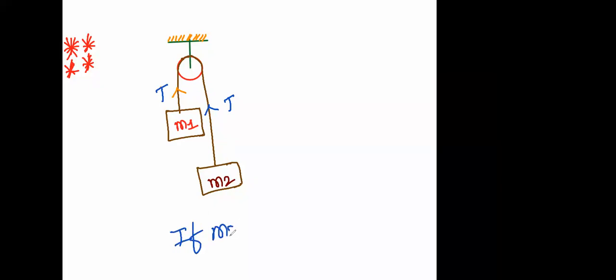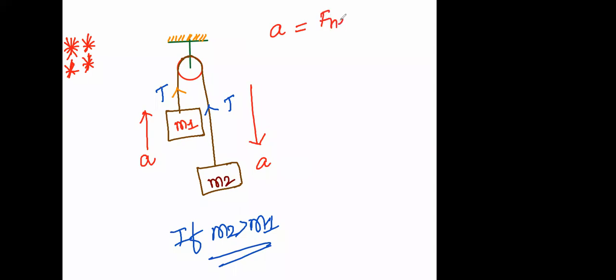If M2 is greater than M1, that is, the mass of the second block is greater than the mass of the first block, then the acceleration of the first block is upwards, and in the second block the acceleration is in a downward direction. To calculate, acceleration A is equal to net force divided by net mass.